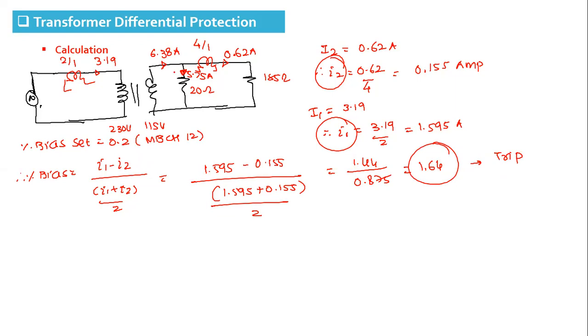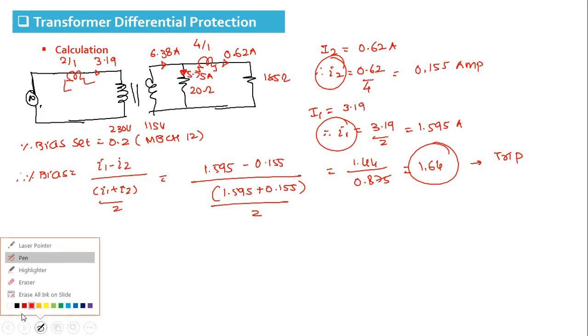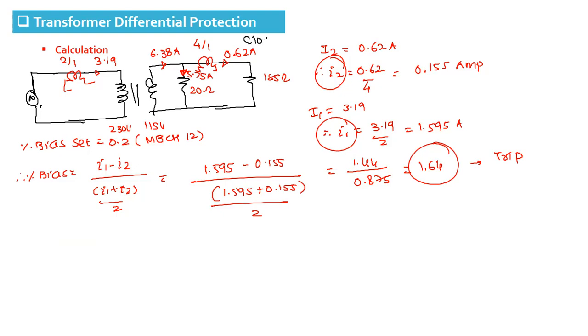So for this case, the relay will trip. Okay, this is the fault. What we did here, we have closed switch S2, fault on the secondary side, internal fault.